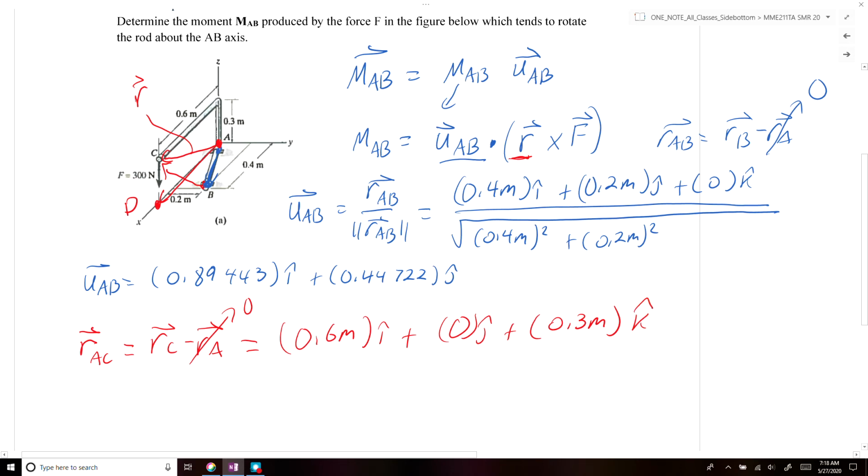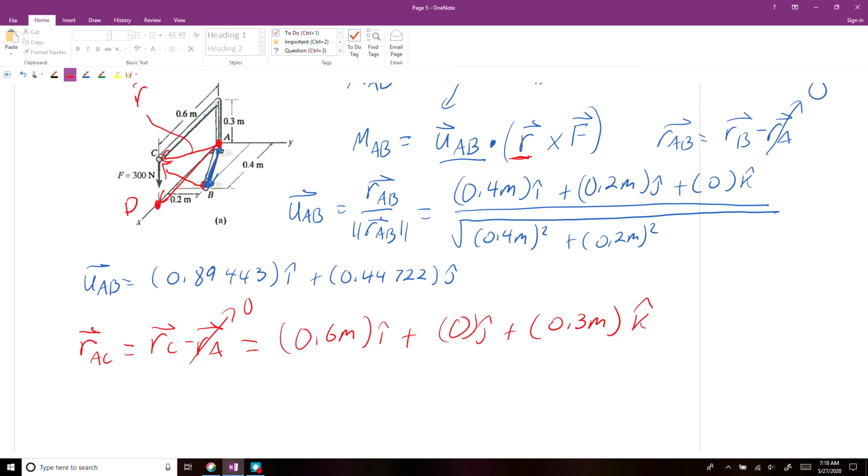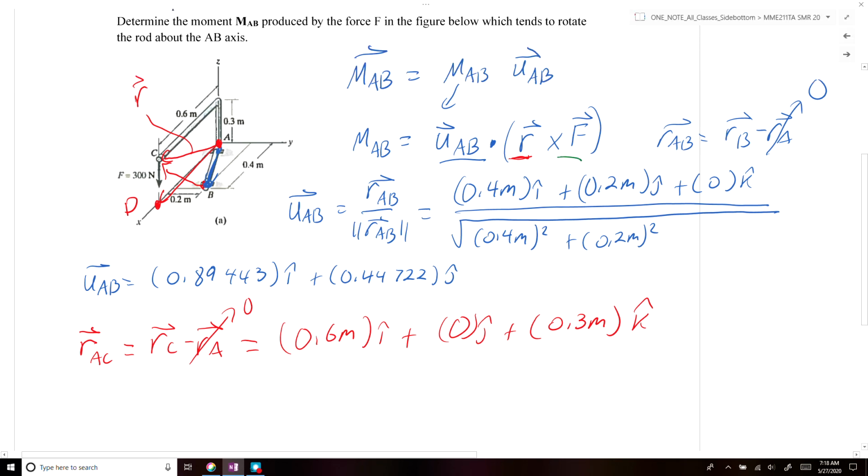Okay, and then the last component we have is our force. Our force was given to us as a magnitude of 300 newtons, and it's going along the negative Z direction. So it'll have no X component, no Y component, and a minus 300 newtons force in the Z direction.